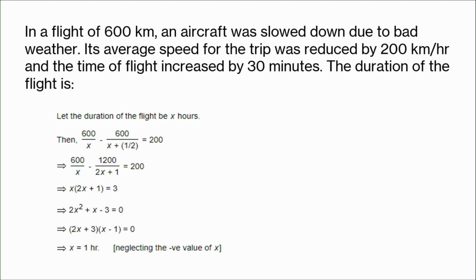Because we do not know the duration of the flight, say it is x. The distance is 600 kilometers and the time of flight is x. Distance by time is velocity, so 600 by x.